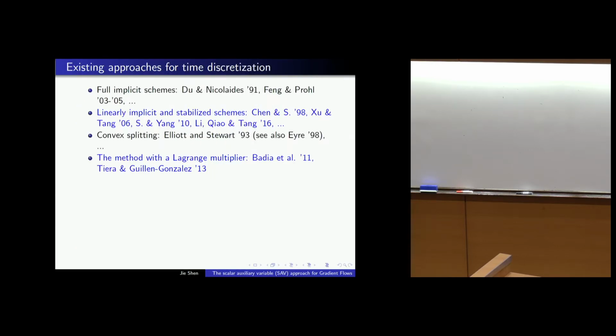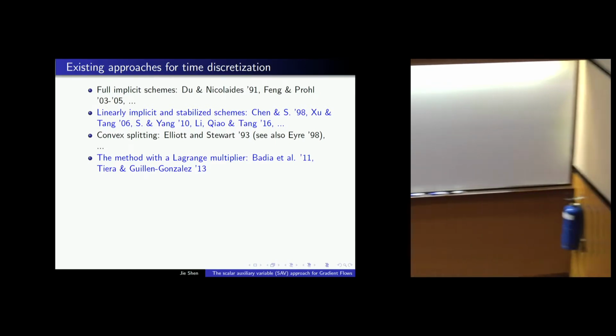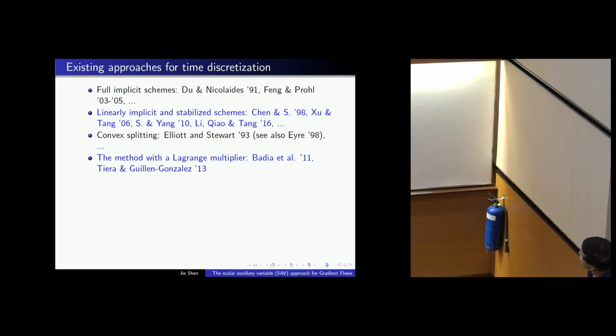Here are some existing approaches for time discretization. To start with, people have been using fully implicit schemes. One of the very nice fully implicit schemes is by Chen, Du, and Nicolaides, which gives you an unconditionally stable numerical scheme, but it's fully implicit, so you need a condition for the unique solvability, and you need to solve a nonlinear equation.